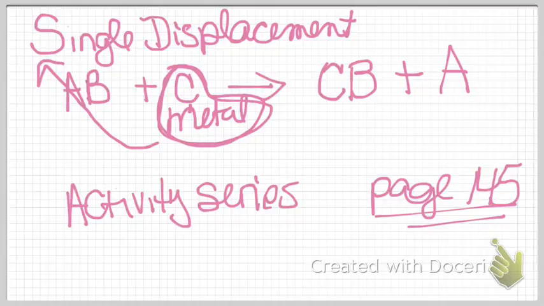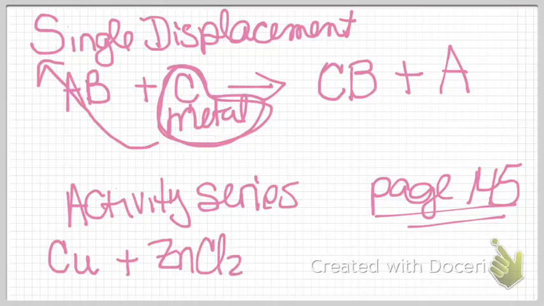So let's show an example. Here's an example of one that would not happen. Here's copper, a metal, and here's some zinc chloride. If you look on the activity series on page 145, copper's all by itself, and it's going to come in and try to kick off the zinc.